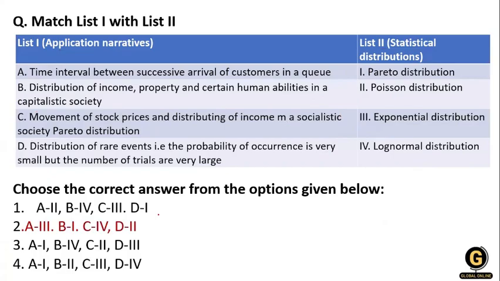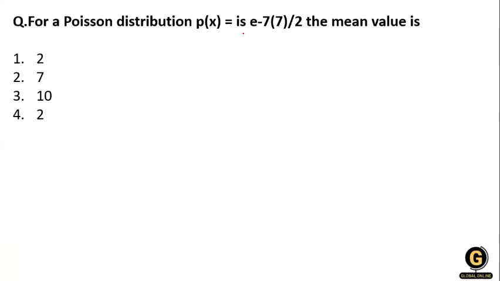Now again, ma'am, again a matching is given. Now, what about the Poisson distribution, that is P(x) equals e to the power minus lambda, lambda to the power x, divided by x factorial.